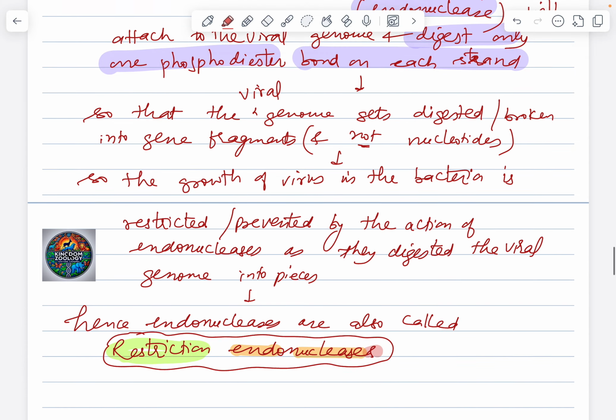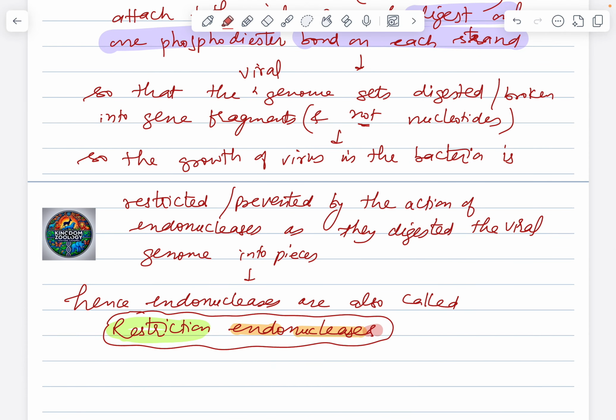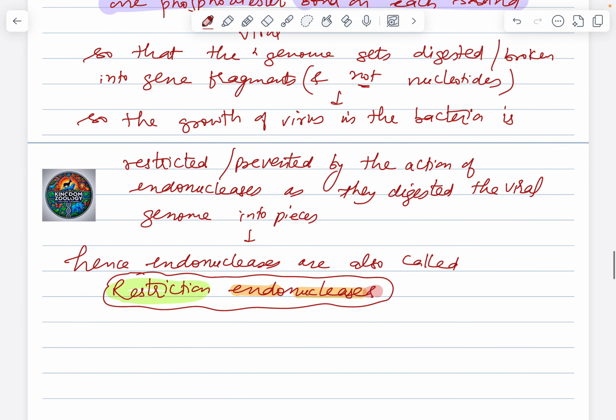Okay. So this was the work done by Arber when he was trying to study the defense mechanism of bacteria against the bacteriophage viruses. And that's it. This was the idea.